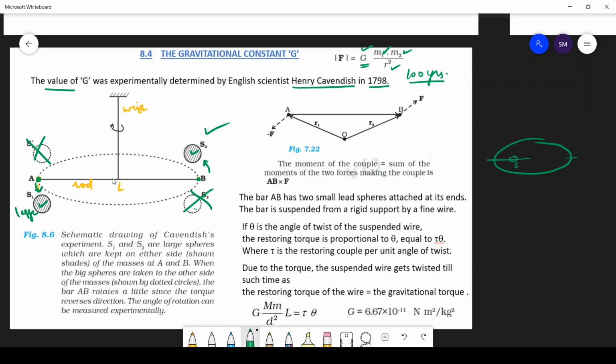So this rod will twist a little bit, not more, but it will be twisted. Its position will be twisted by some angle theta, by some force.